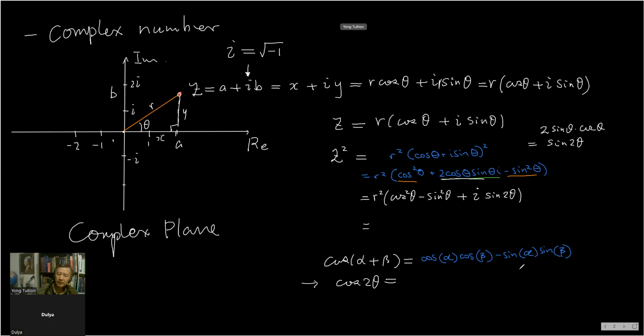In other words, from here to here, we just set alpha equal to beta, equal to theta. We just do this variation because we suspect this could give us a double angle formula for cosine. That's why we go backward.